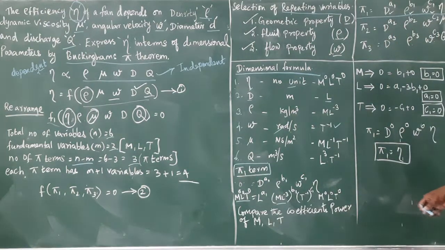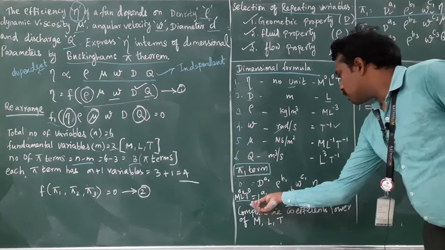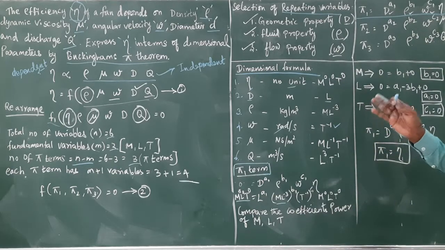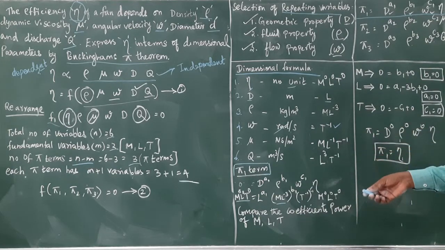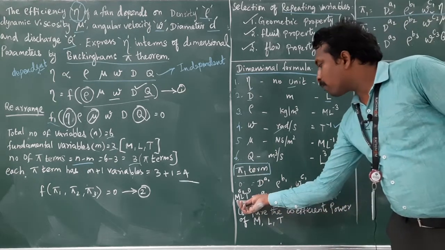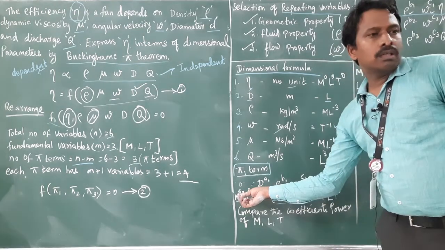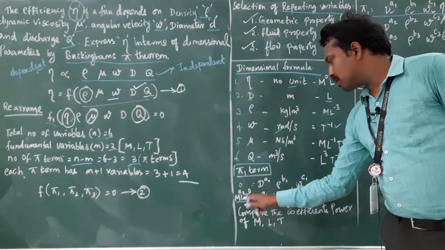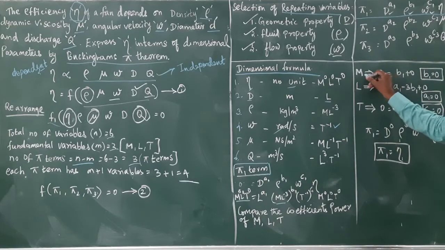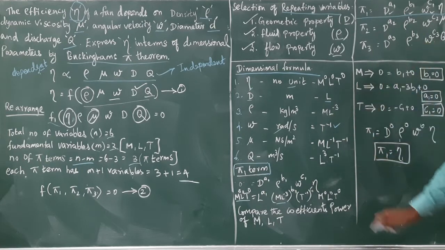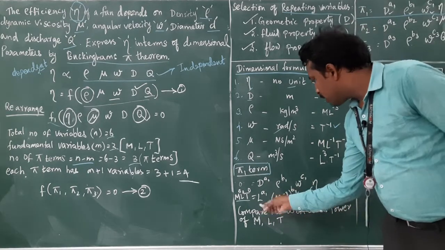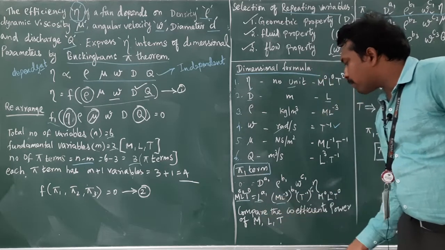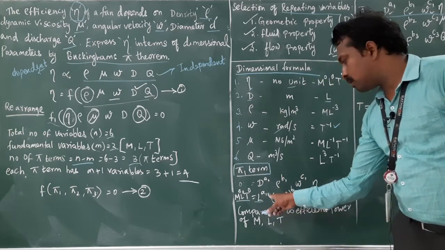First, from this equation, comparing left and right, the powers of M. Here the M power is 0. So, the power of M is 0. Next, on the right side, here there is no M power, so cancel this.